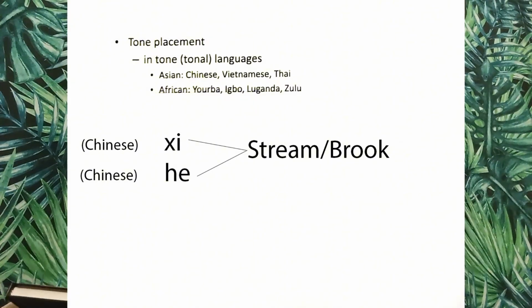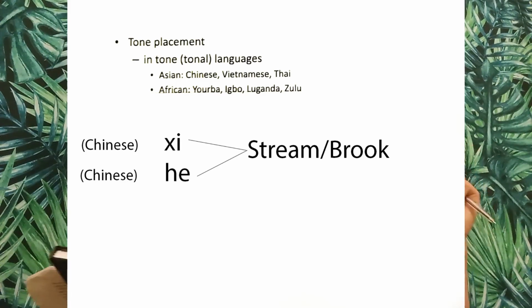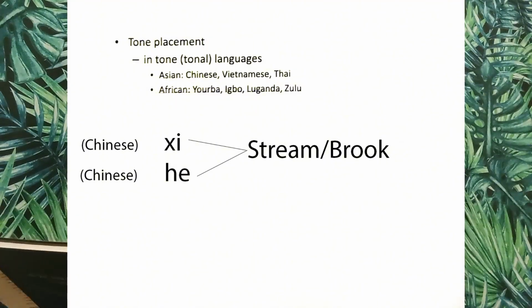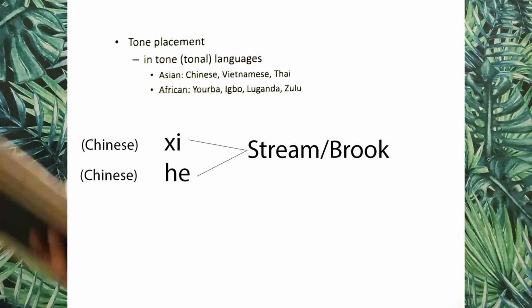Chinese is a tonal language, and the same pronunciation can have 4 different tonal sounds, and each variation has different meanings. So let's take the Chinese language as an example.